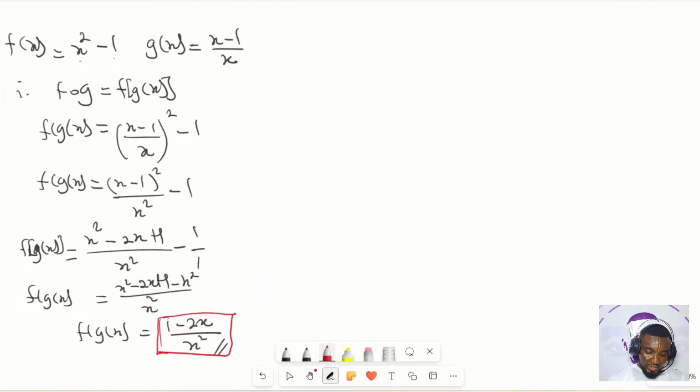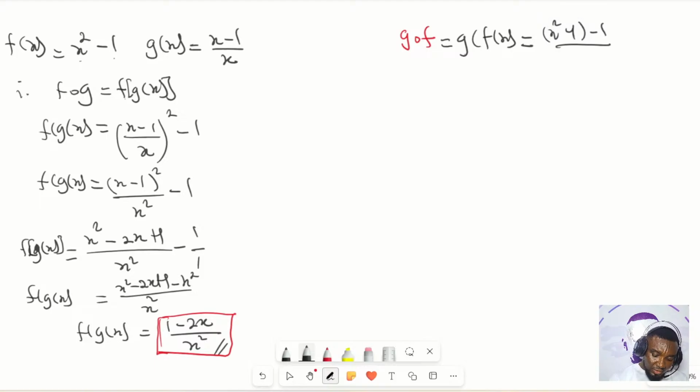Now let's consider the second part of the question. So the second part of the question is asking us to find the other way around, which is g of f. So we are looking at g of f of x. And that means that we can write this as, we take g, right? So the function g is x minus 1 all over x. And wherever we see x in that g, we are going to substitute it with x squared minus 1. So we are going to have x squared minus 1 minus 1 all over, this time we are going to have x squared minus 1, which is the function f in place of the x in g.